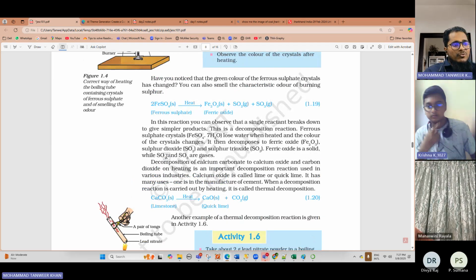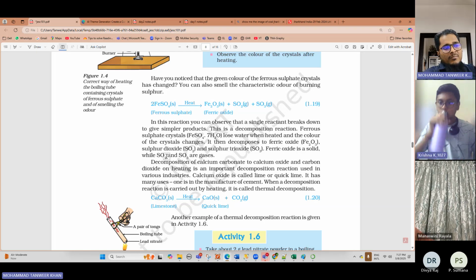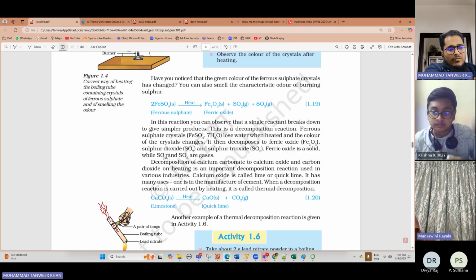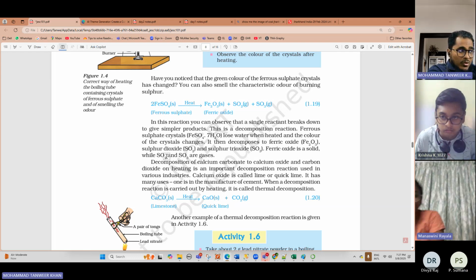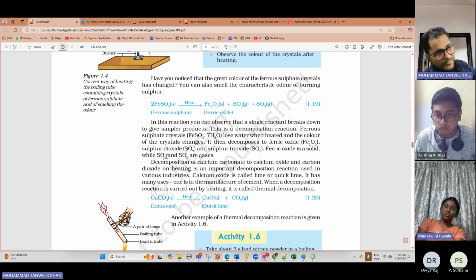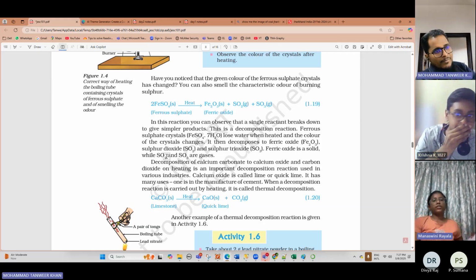This chapter is full of chemical reactions which you have to study. So in decomposition reactions, how many reactants will you have? One reactant. And how many products will you get? Two or more products. It is the opposite of combination reaction. Fully got it? Yes, sir.